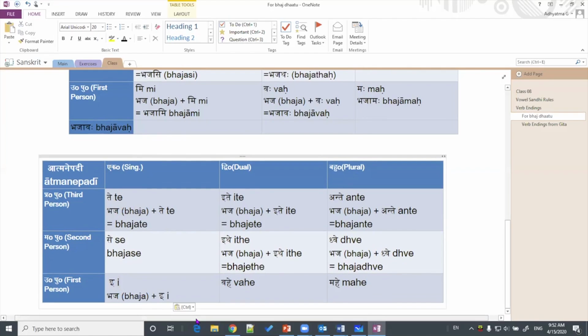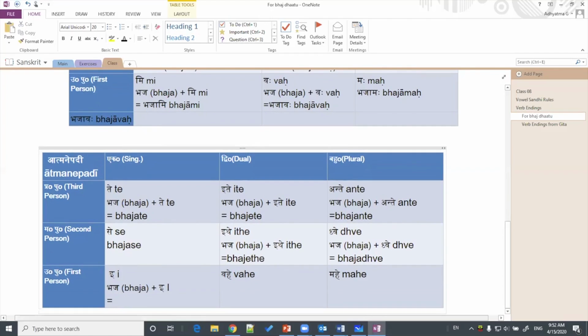So the same sandhi would apply here, and it would become bhaje. And before these suffixes, vahe and mahe, it elongates, like bhajavaha and bhajamaha.